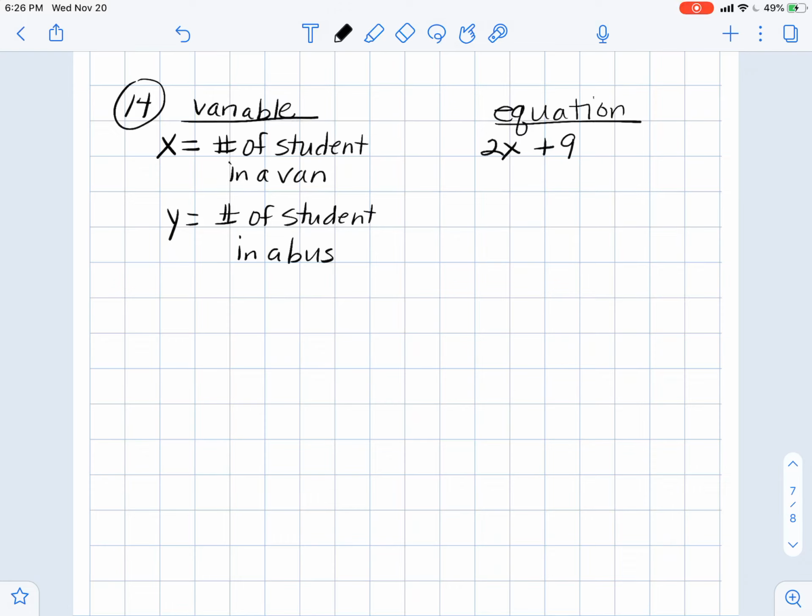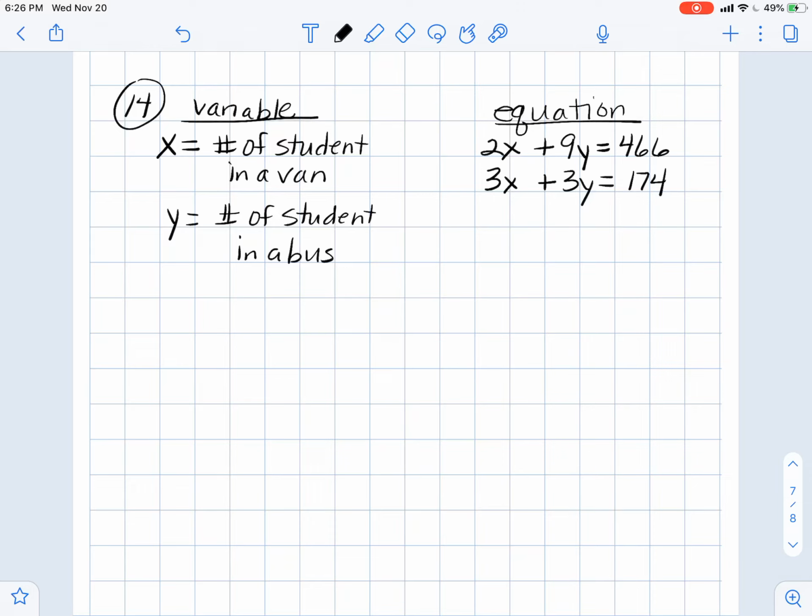And 9 buses, and that is going to be 466. My next one says I did 3 vans and 3 buses, and I have 174. Okay, so there's my equations.